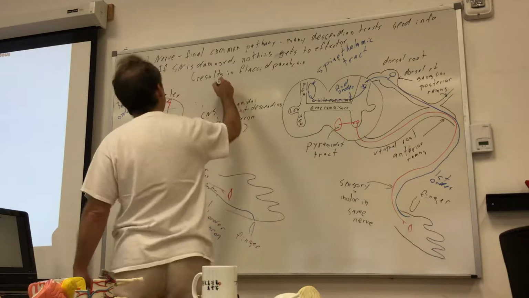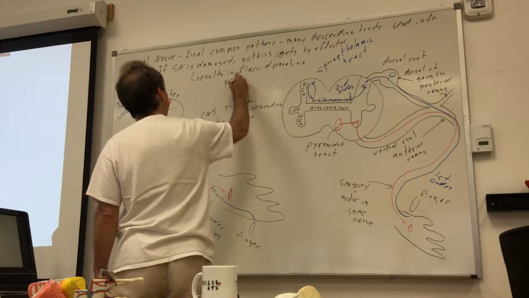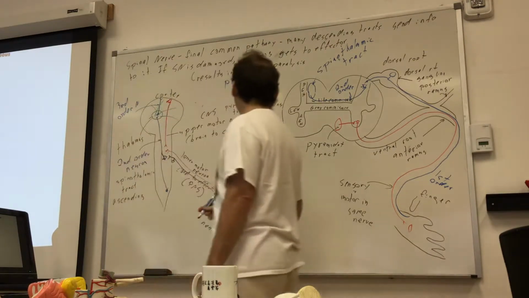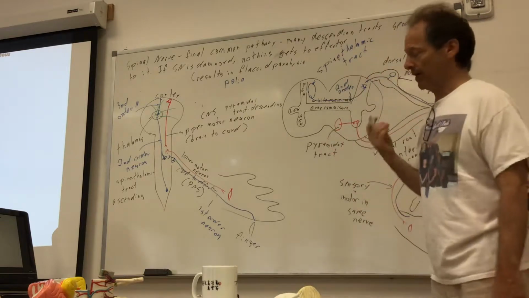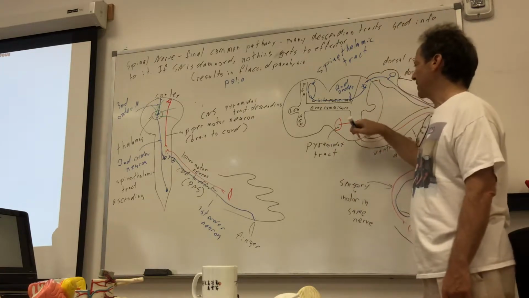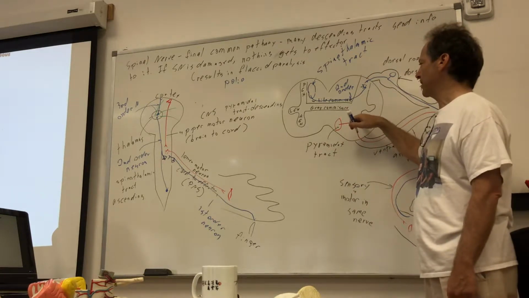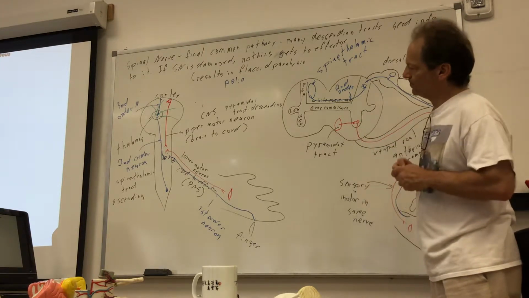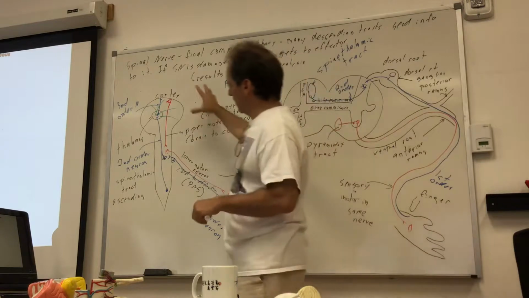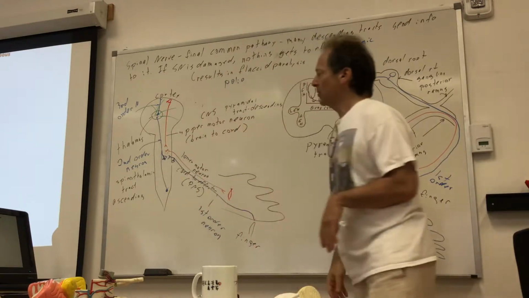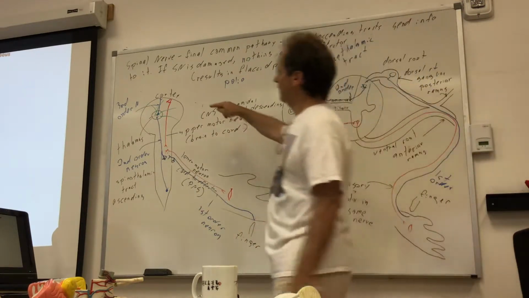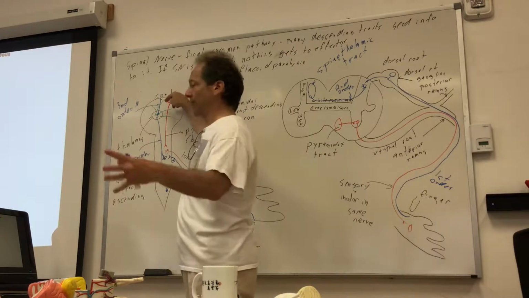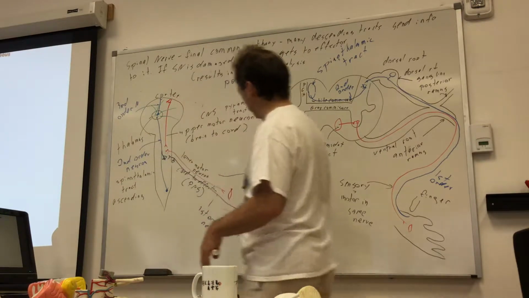So polio, as I mentioned in a previous lecture, is a viral infection that infects the anterior gray horns, these motor neurons right here. So when we were drawing our motor pathways, we were drawing coming from here, you're thinking about it, you're moving it down to here, and then you're going out.